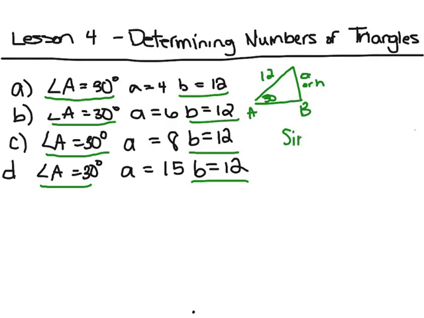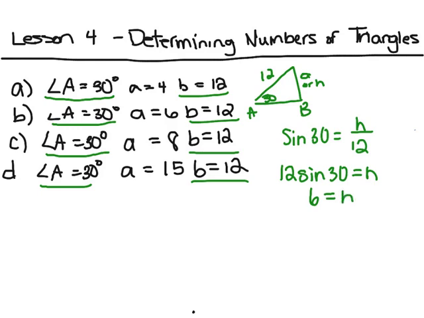So the sine of 30 is equal to H over 12. 12 sine 30 is equal to H, and you should get 6 as our height. So we're going to compare everything to 6.